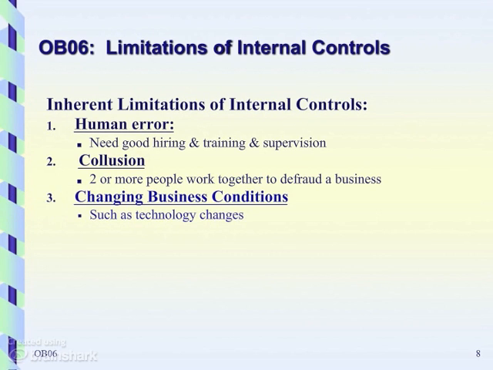And third is changing business conditions, such as technology changes or economic changes that are taking place in the economy. These may impact the business and limit the internal controls. Businesses must do a cost-benefit analysis of existing versus new procedures to address changing business conditions.